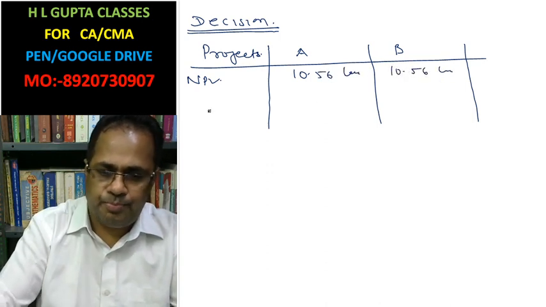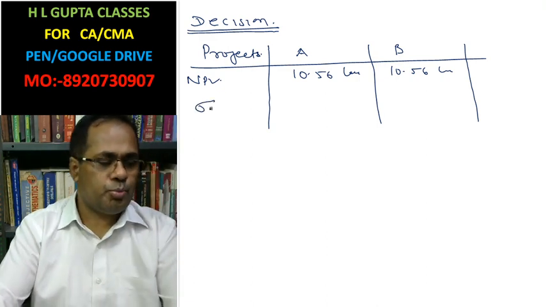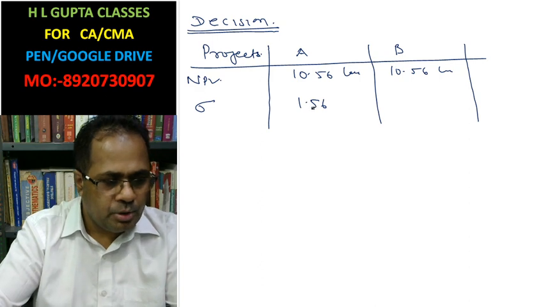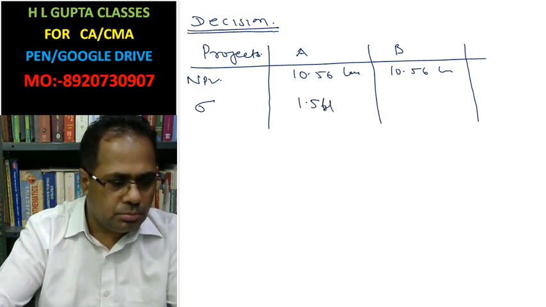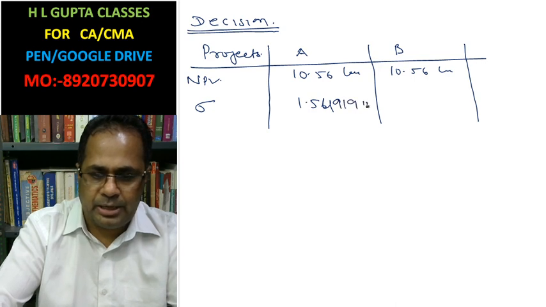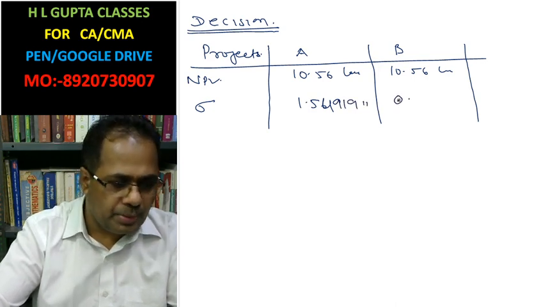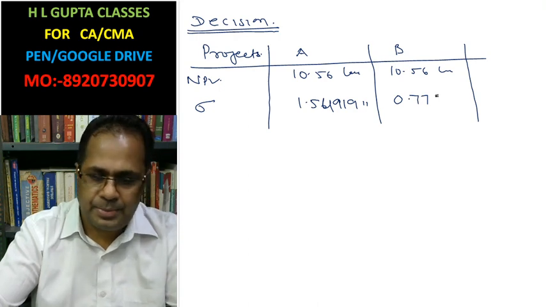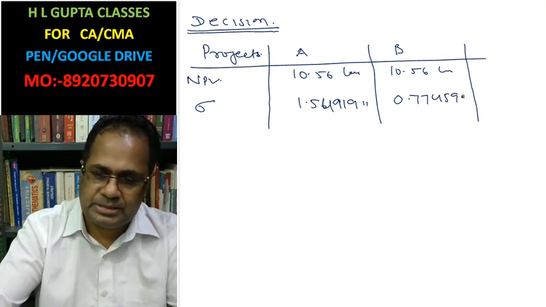The standard deviation for project A is 1.5... lakh, and for project B it is lower. Look at it.